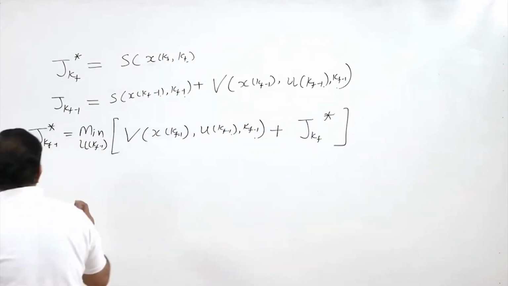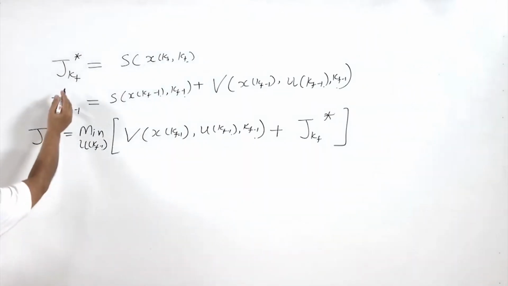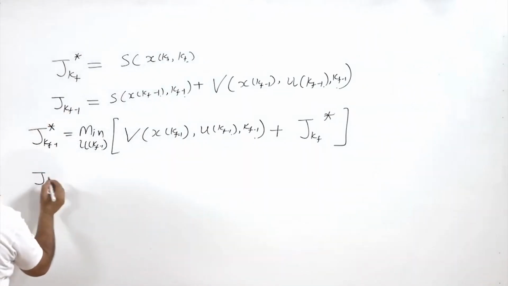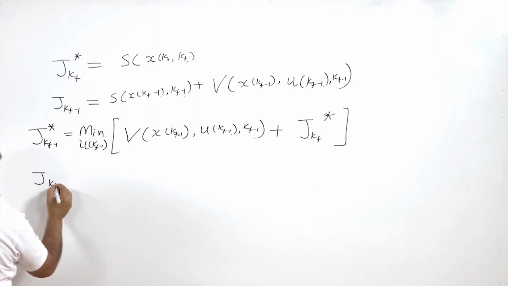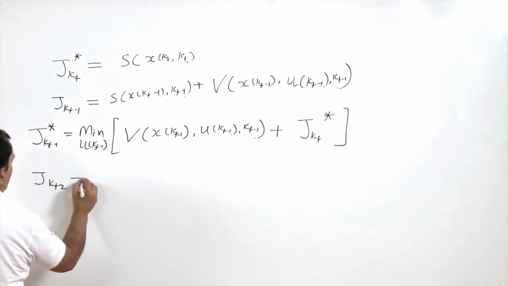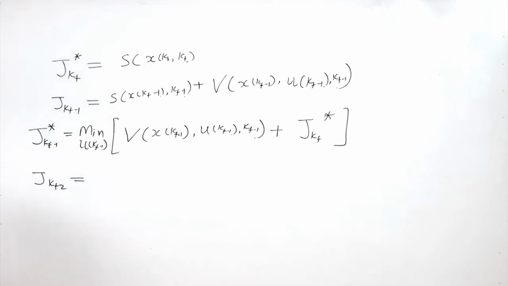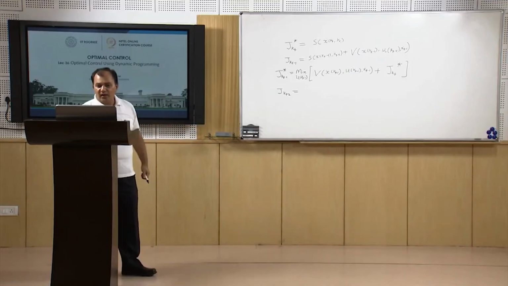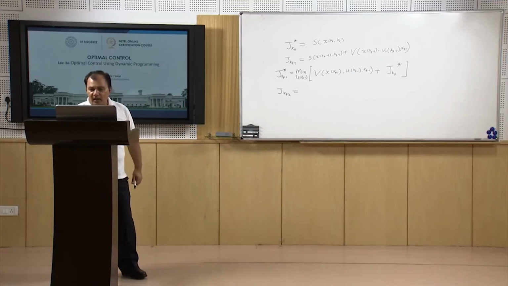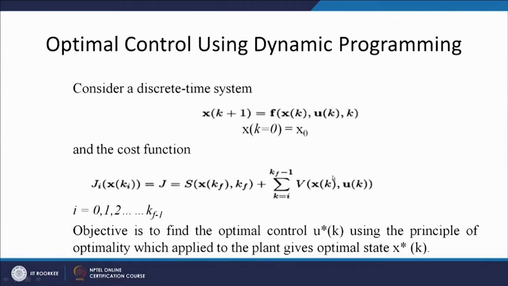Now, if we will go one step more below, J of Kf minus 2, this I will write from here. So, this is K from Kf minus 2 to Kf minus 1. So, it will have the two terms plus S x of Kf.